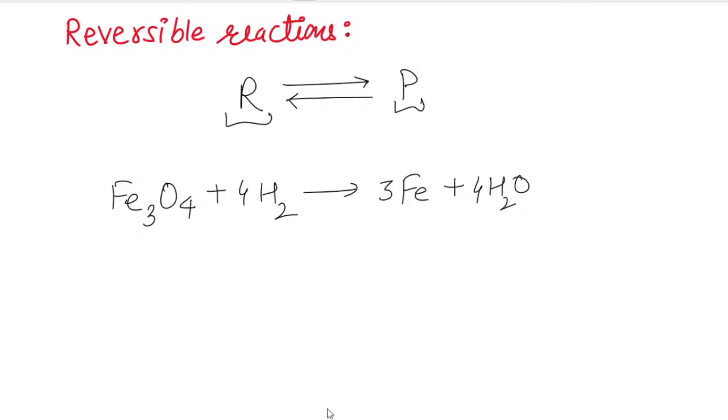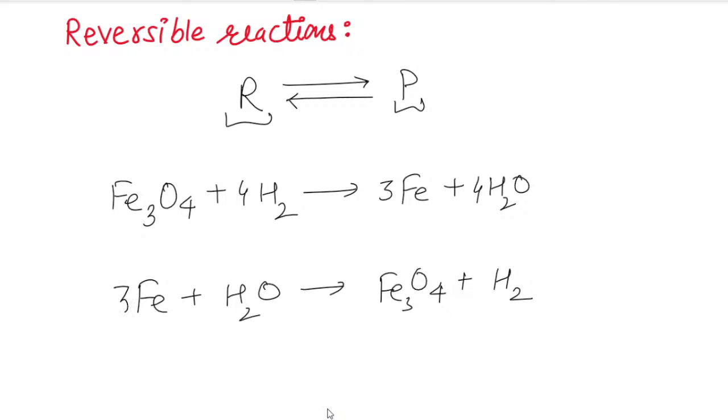So in this reaction, what happened? If steam is passed through powdered iron at the same temperature, then we get back magnetic oxide along with hydrogen gas. So that means such a reaction is reversible.